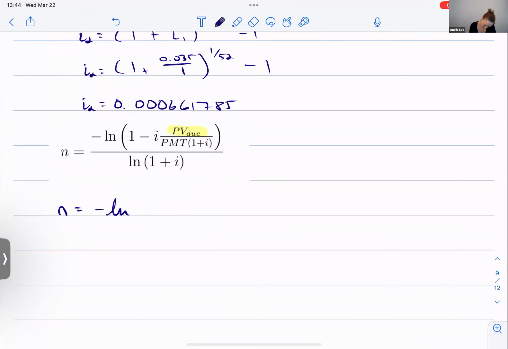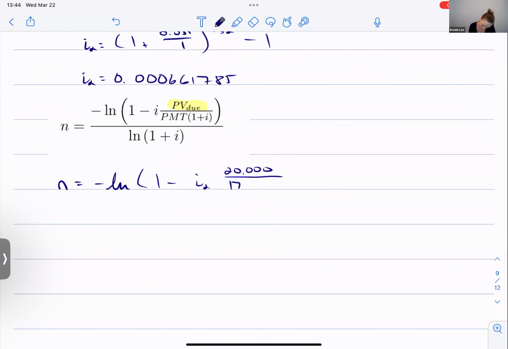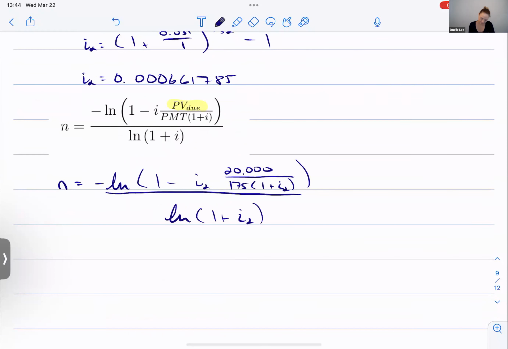N is the negative log of 1 minus I2 times the present value due, which is 20,000, divided by the payment amount, which was 175, times 1 plus I2. Close that bracket, divided by the log of 1 plus I2.